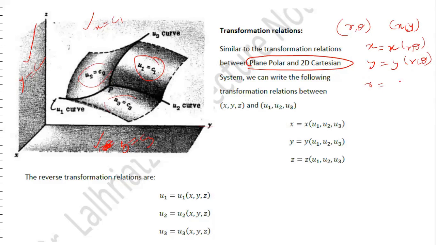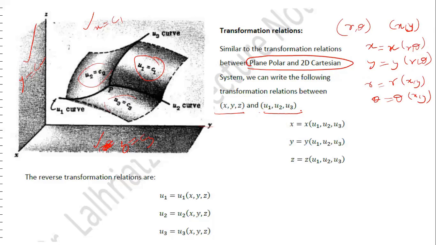Also you can write the reverse: r as a function of x and y, and theta as a function of x and y. Just like that, in three dimensions we can have the 3D Cartesian system and the orthogonal curvilinear coordinate system u1, u2, u3.